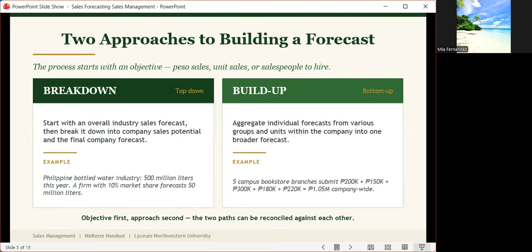So for the breakdown or top-down approach, you need to start with an overall industry sales forecast, then break it down into company sales potential and the final company forecast. So again, start with the overall, like general to specific.